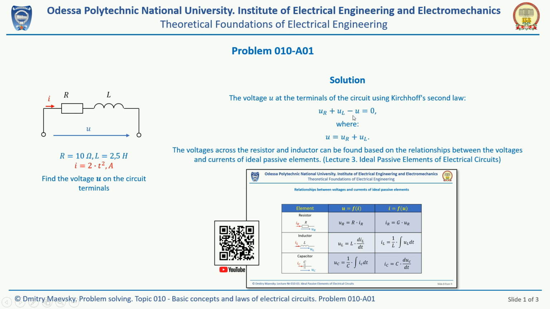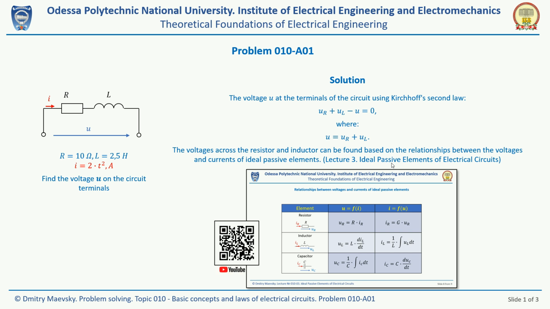So, we take it with a minus sign in our equation. When we solve the equation, we see that the voltage across the terminals equals the sum of the voltage across the resistor and across the inductor. So our task is to find these two voltages and add them together.